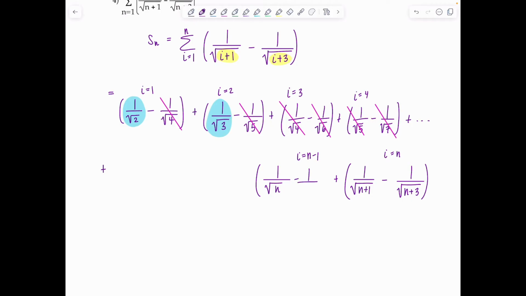Minus 1 over rad n minus 1 plus 3, n plus 2. i equals n minus 2: 1 over rad, now this will be n minus 1, won't it? Minus 1 over rad n plus 1.